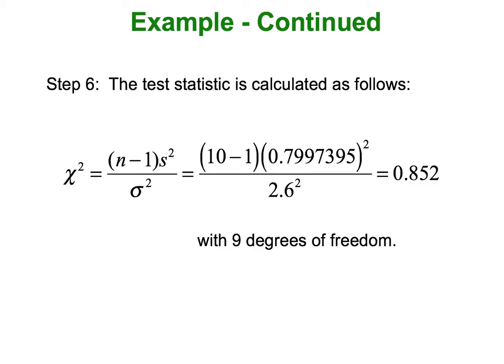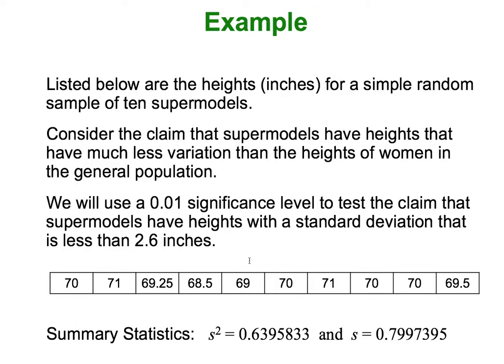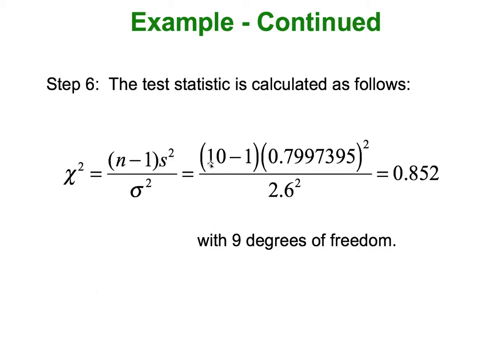Now here's our test statistic, and our sample size is 10. There were 10 supermodels here, so 10 minus 1 goes here. We were given or we calculated the standard deviation to be 0.7997395, and so we need to square that here.